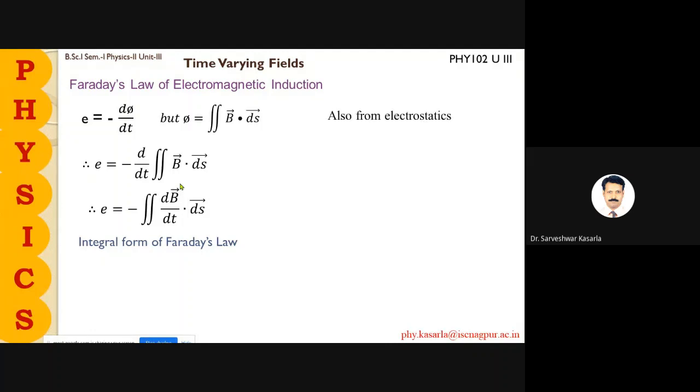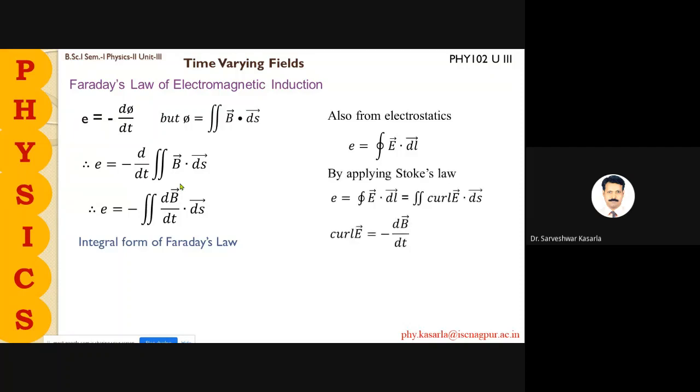Similarly, one can express that in a differential form. From electrostatics, EMF is equal to the line integral of E dot dl. Applying Stokes' law, we can express that as curl of E is equal to minus dB by dt, which is the differential form of Faraday's law.